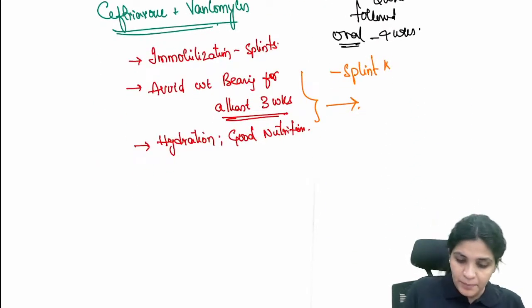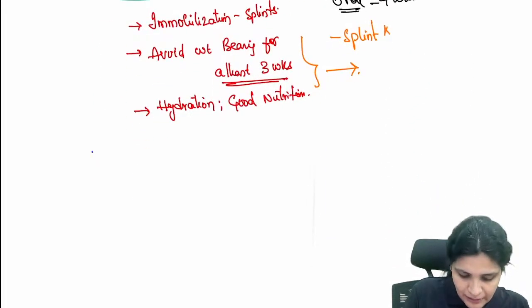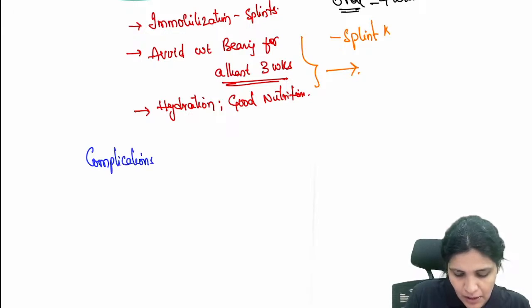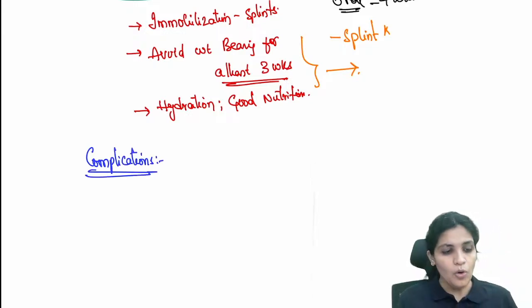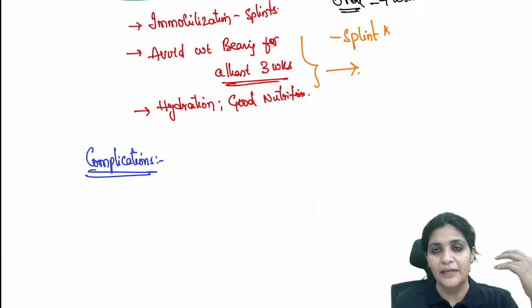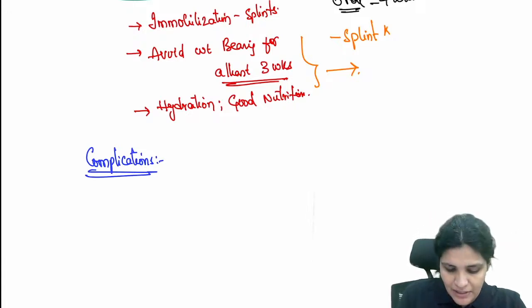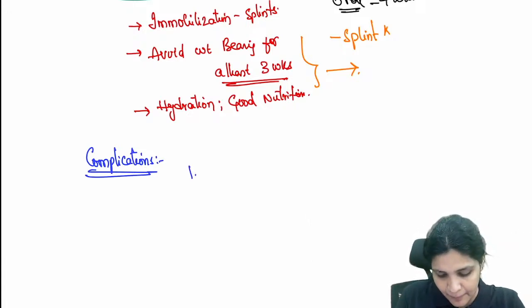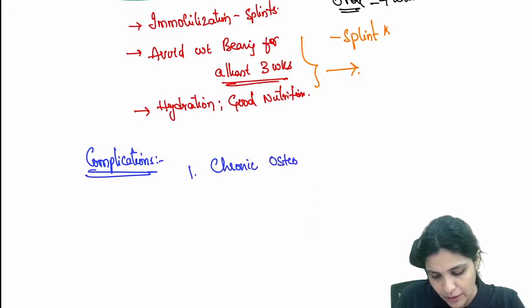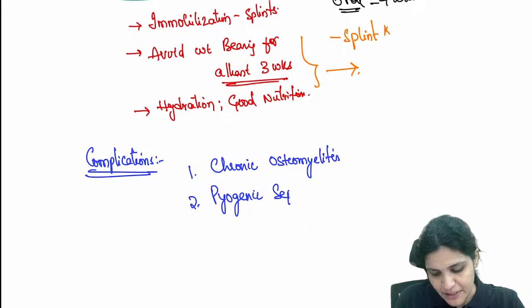And then what are the complications? If you don't deal with the acute, or if you neglect acute, or if there is a lot of bacterial virulence, then how does it land up? First, it goes to chronic osteomyelitis, right? And then it might enter the joint as pyogenic septic arthritis.